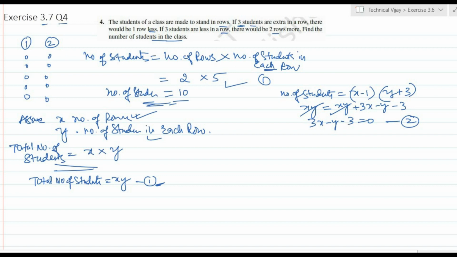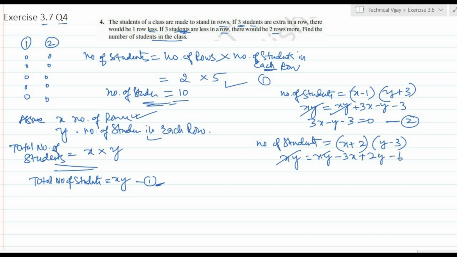So in the second situation, if 3 students are less, here also we will calculate the number of students, is equal to 3 students less, means y minus 3. There would be two rows more, that is x plus 2. Here xy is equal to xy minus 3x plus 2y minus 6.